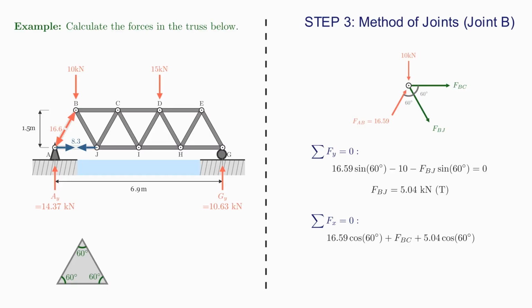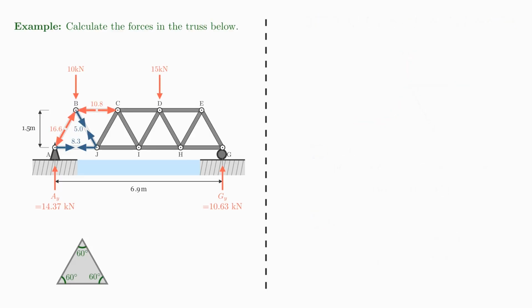All of these add up to 0. Rearranging and solving, I get that FBC is minus 10.82 kilonewtons. Again, the minus sign just means that this member is under compression rather than tension. I can add these onto my diagram, and then I move along to the next joint.